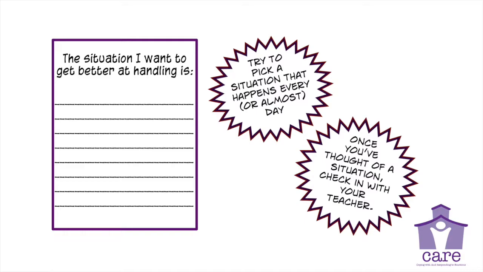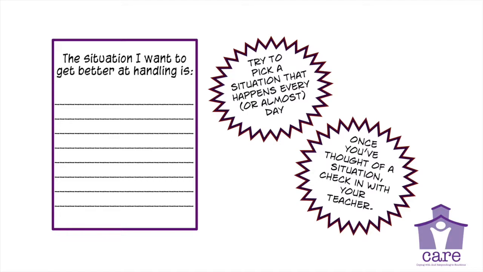So just some background for you on helping students pick a situation. We want students to pick a situation that happens either every day or almost every day. So for example, a lot of students might say, well, I get really worried and I don't do well when I have to take tests.